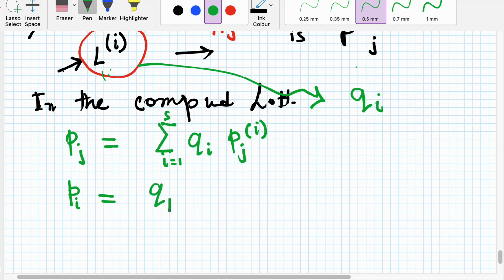Pi is nothing but Q1 into P1i. The probability in the compound lottery that the L1 lottery will win, into the probability in the L1 lottery that A1 will win, and similarly Q2.